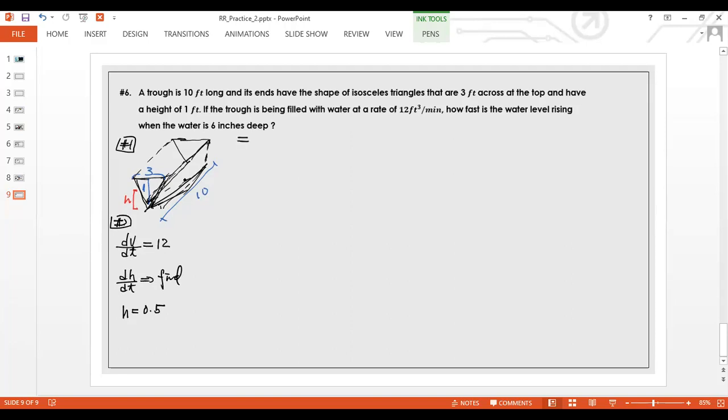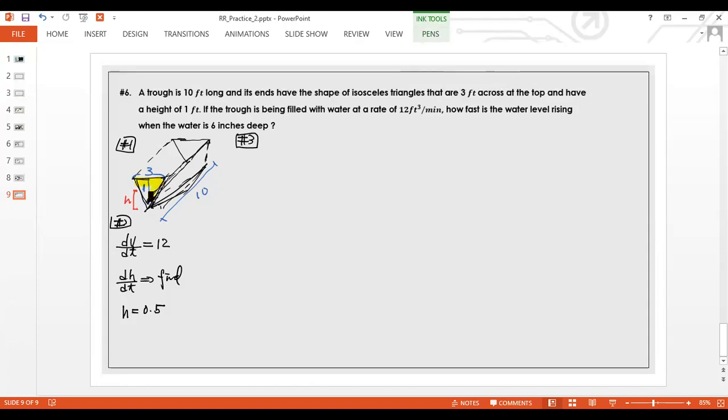Now number 3. I want to find dV/dt, so I will find the volume. Since this is like a triangular prism, basically it's the area of the base triangle times the length.